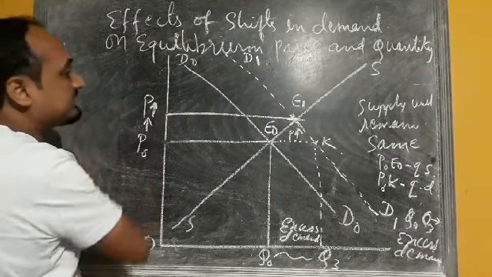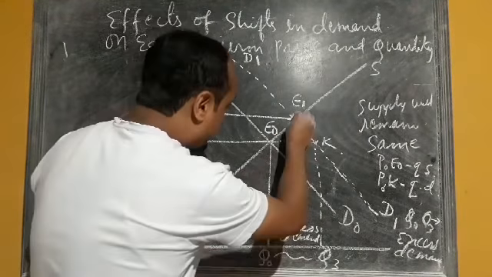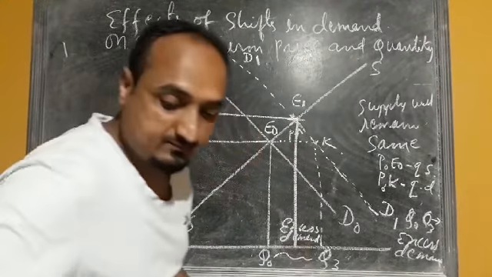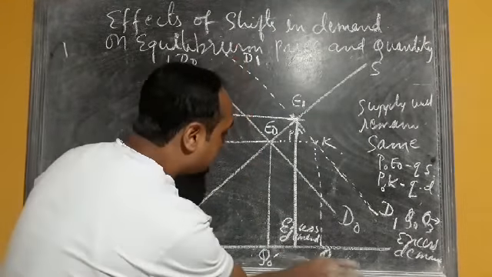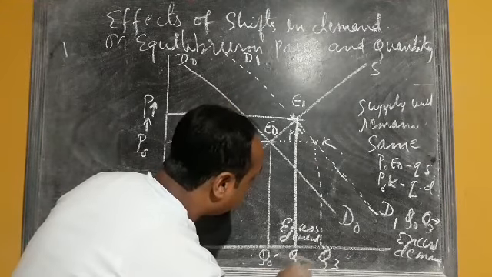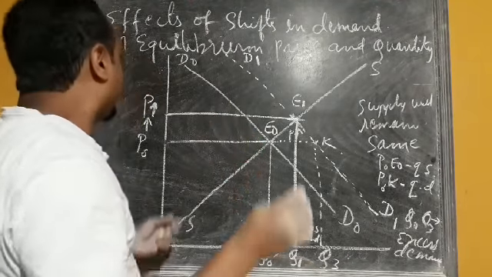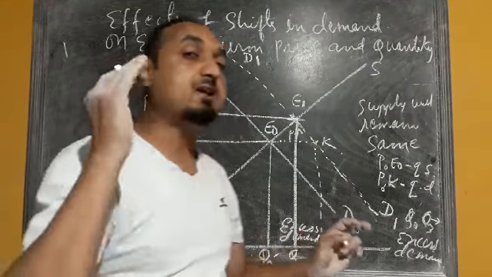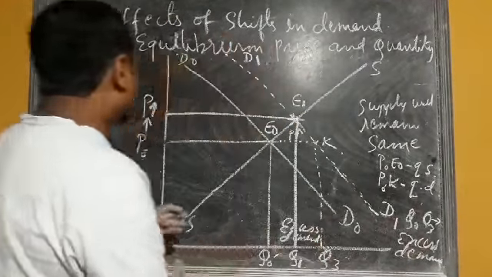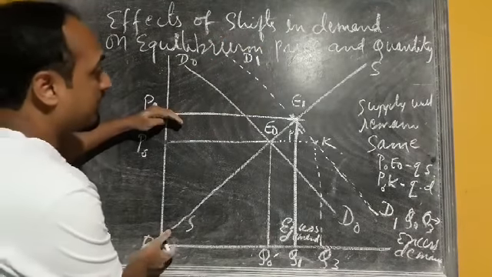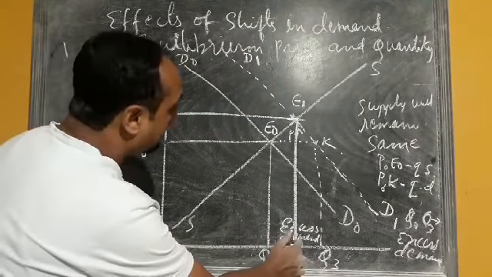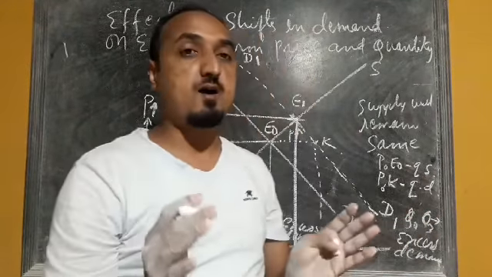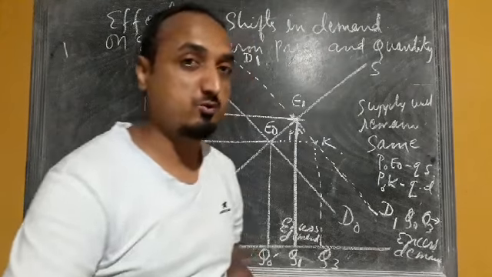Similarly, on the quantity axis, we have a new quantity Q1. So when there is excess demand, the price will increase, and we get the new equilibrium price OP1 and new equilibrium quantity OQ1. This is the case of increase in demand, or shift in demand towards the right.